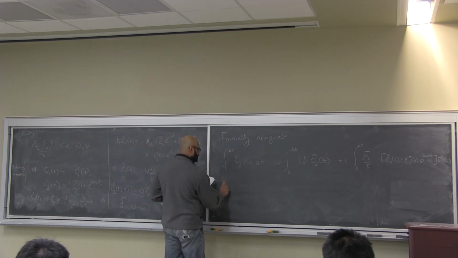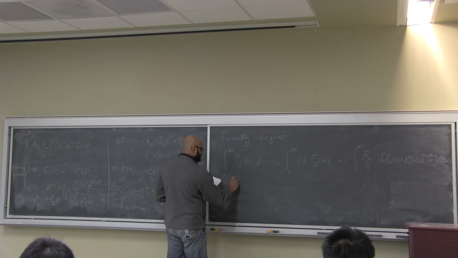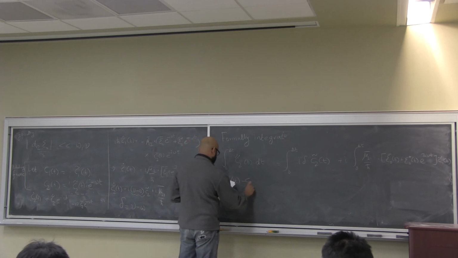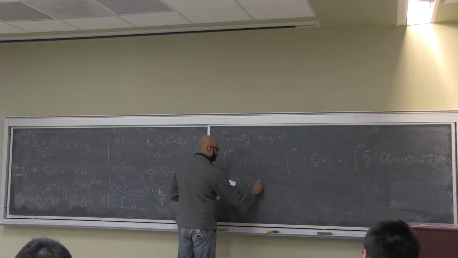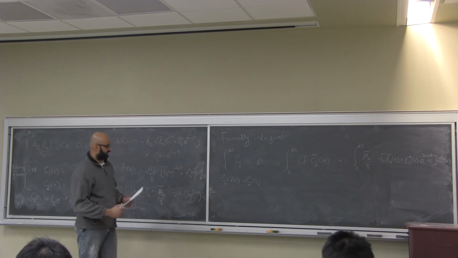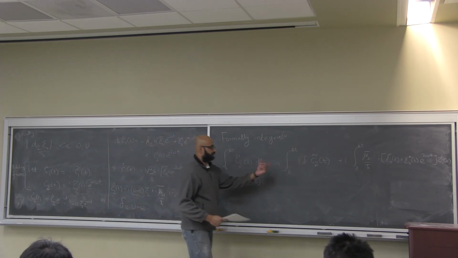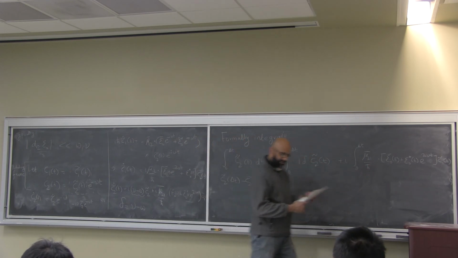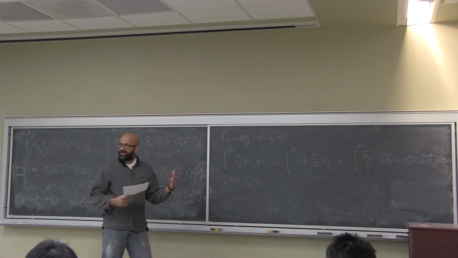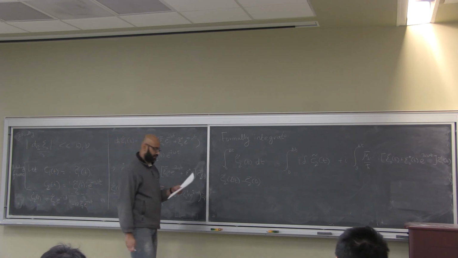So I get C2 tilde at delta t minus C2 tilde of 0. And what I'm assuming is that the time is so small that C2 tilde and C1 tilde have not changed much. They are pretty close to their values at time 0.